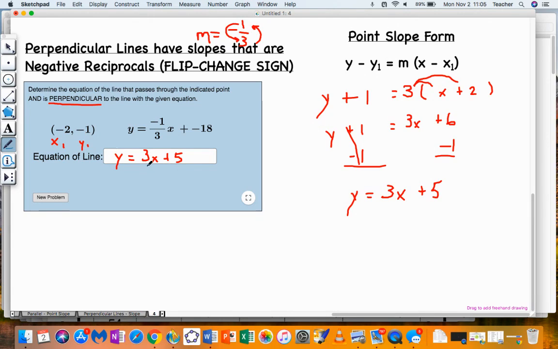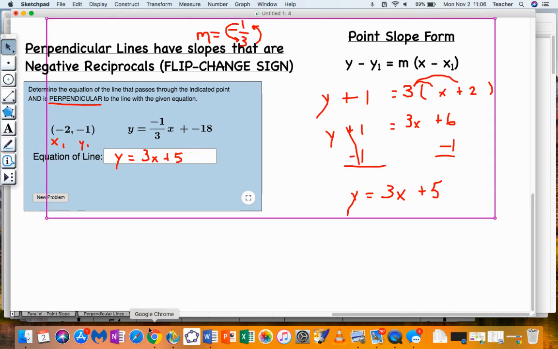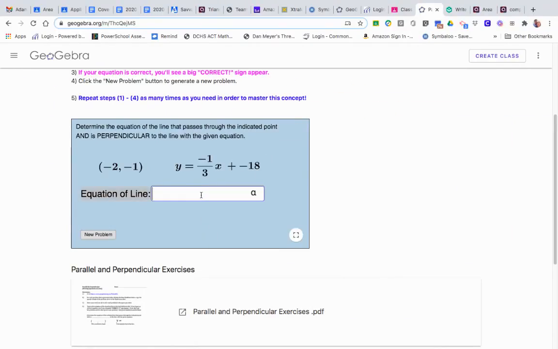So to check it, put in -2 for x. 3 times -2, -6, plus 5 is -1, and that fits. So 3x plus 5. So if I go here, what you're going to put in is y equals 3x plus 5.